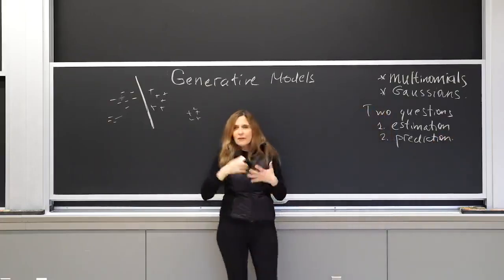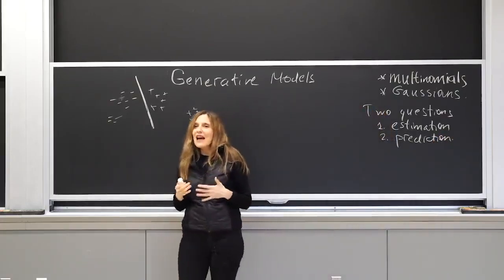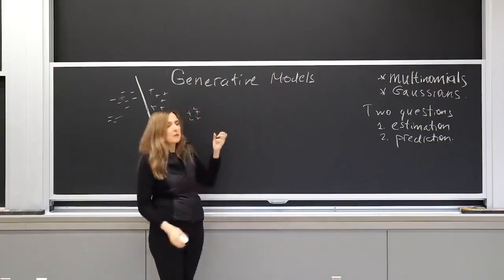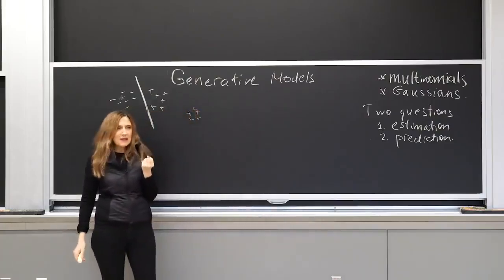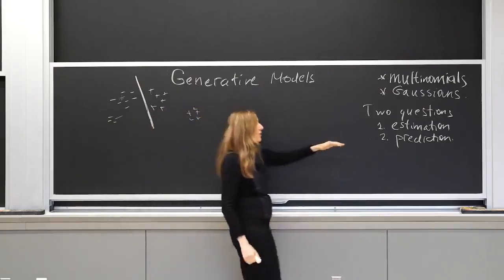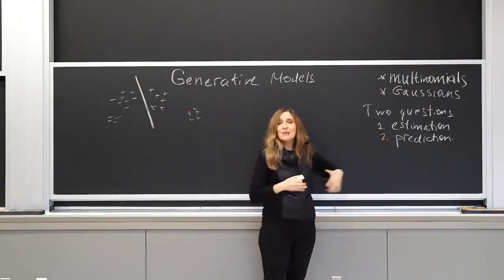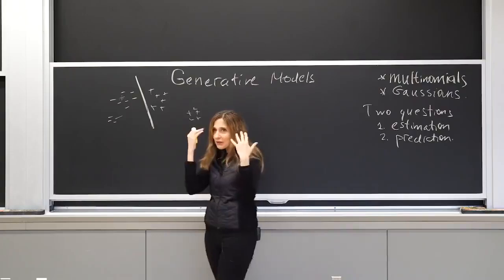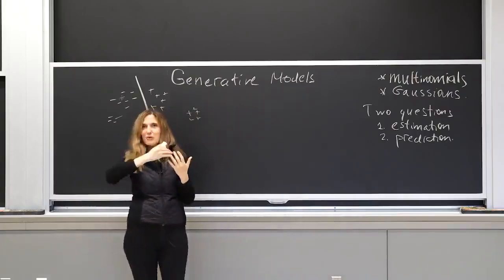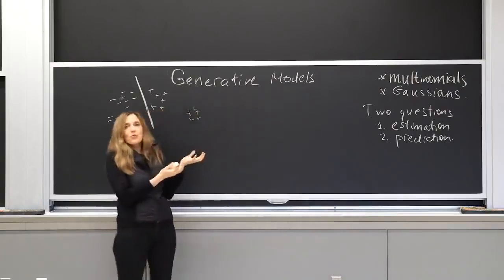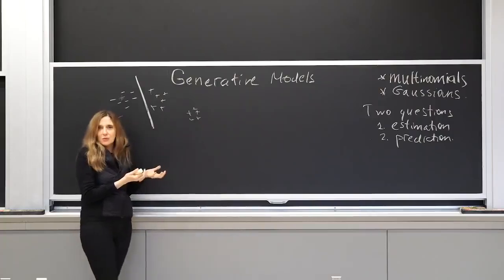Let me give you some very high-level idea of how we can use this kind of probabilistic model for prediction, because I will start today by talking about estimation, but later we will get to prediction. But you need to see our ultimate destination, because we do want to use these models to do prediction.